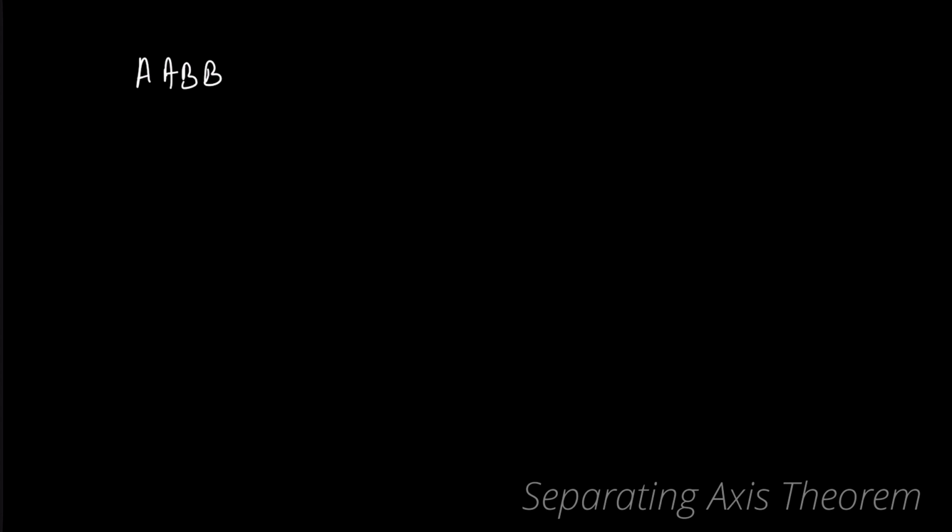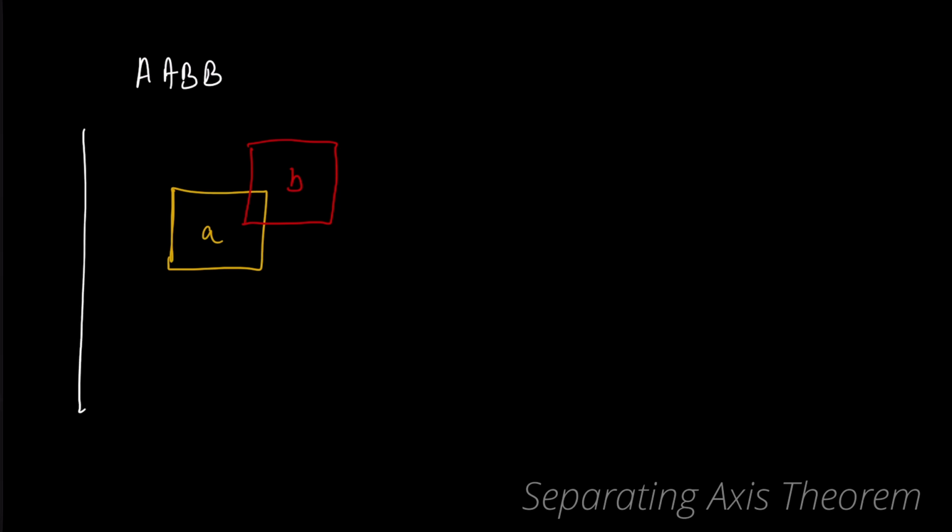What these are, just simple boxes that are aligned to X and Y axis. So let's say this is one box, and then we have another box. This is A, this is B, and we have our axes, y-axis, x-axis. How do we find out if they are overlapping, right?